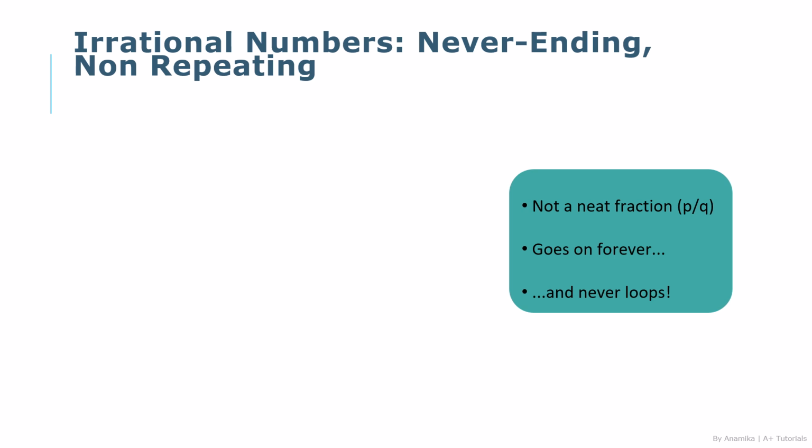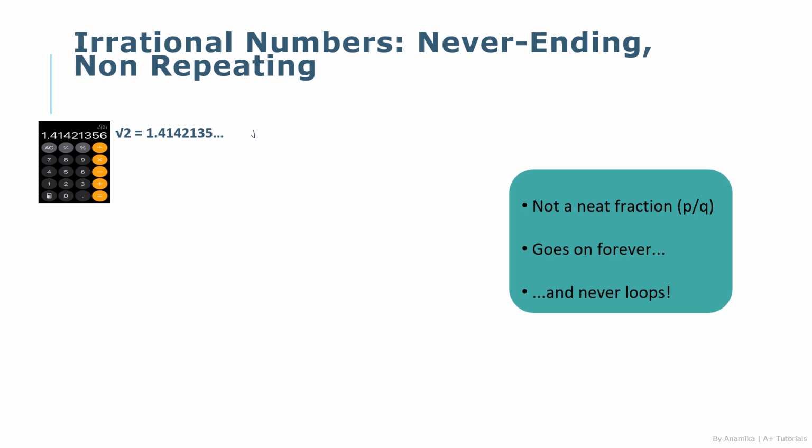Let us start with square root of 2. Type it in a calculator. It gives you 1.414213. But if you keep going, the digits never stop. And more importantly, they never follow any pattern.